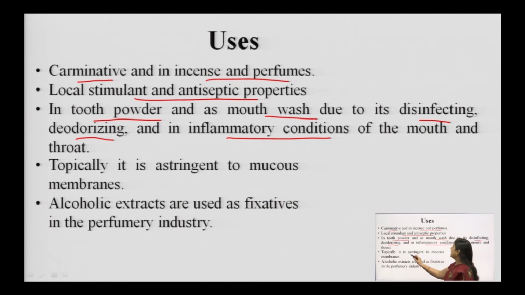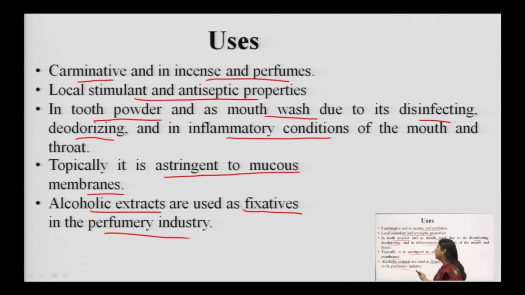Then it is used as an astringent in the mucous membranes to cure any kind of wounds or bacterial infections. And then the alcoholic extracts are also used as fixatives in perfumery to retain the smell of the drug. So, these are the main uses in the mouth, in any kind of infection, for perfumeries, as carminative, stimulant, antiseptic properties. These are the main uses of myrrh.